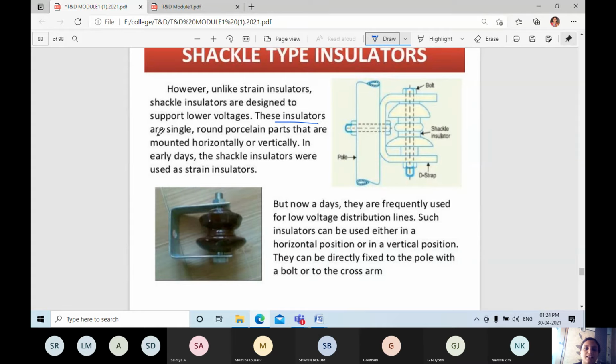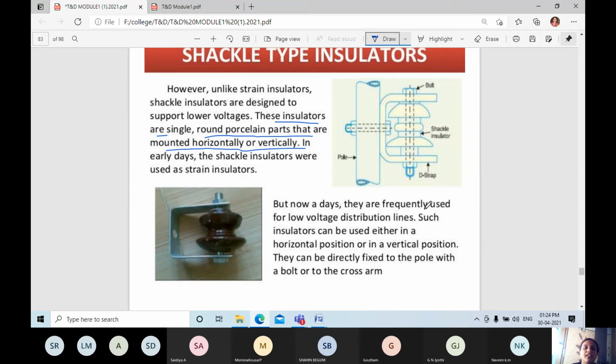In early days, the shackle insulators were used as strain insulators.